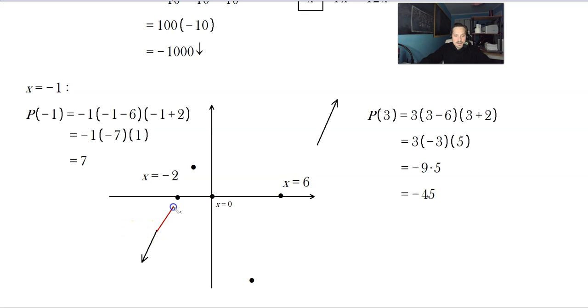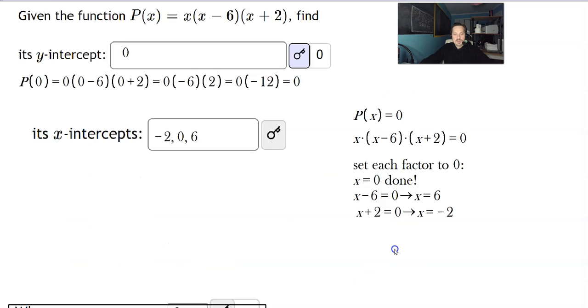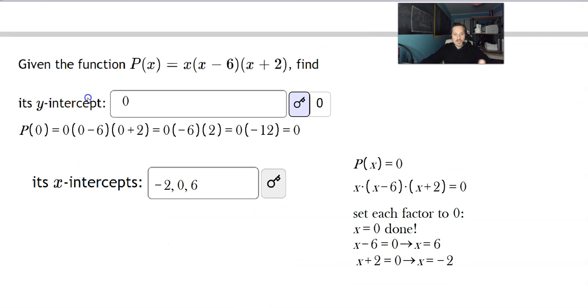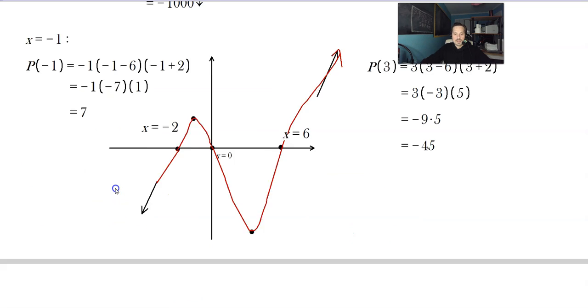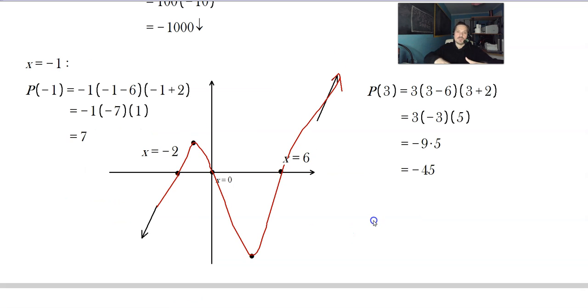In other words, you can draw it going through this x-intercept, up to here, down to here, and then all the way down to here, and then all the way back to here, okay? And then shooting off, roughly speaking, in this direction. That's the general idea. Let me stress this one more time: if you can get the y-intercept, the x-intercepts, and the end behavior as I've shown you here, then you mark all of that information in the picture, and then just use a couple other points.